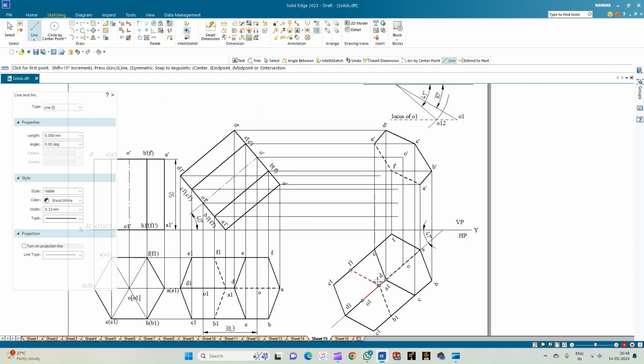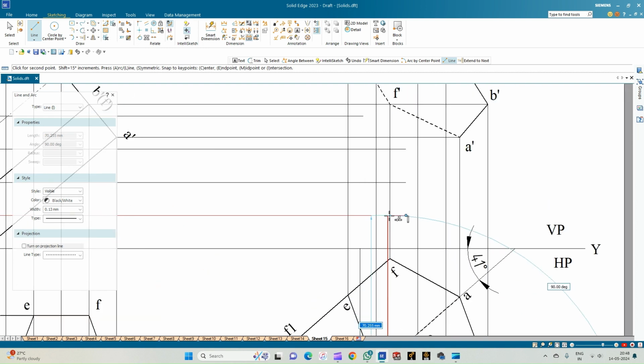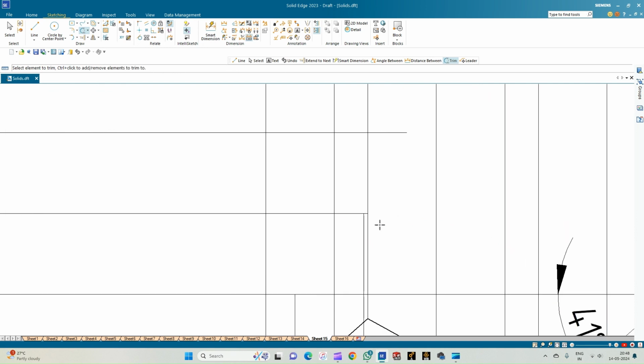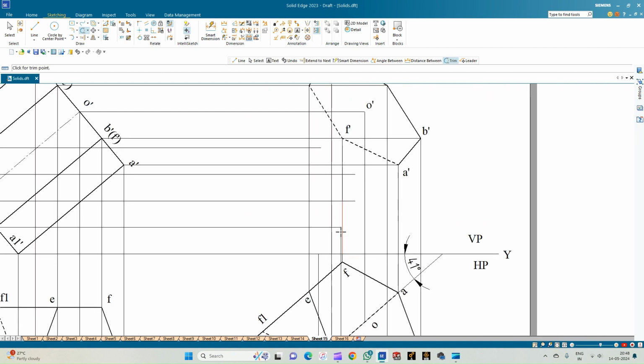So from the corner A, intersect the XY line because it is on the XY line. And then from the corner B1, we'll use the trim option simultaneously in order to avoid the confusions.